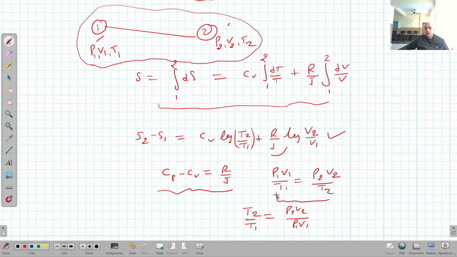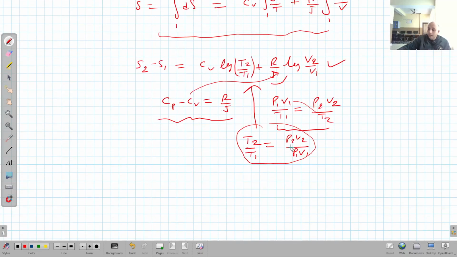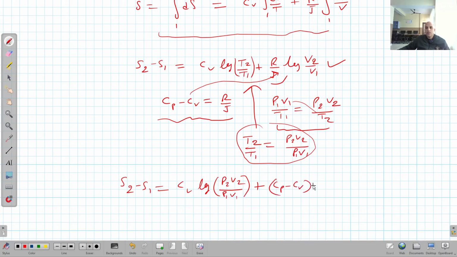I took T2 upon T1 to this side. So now I am going to put these two values, this here and this value here, clear, in this equation. So then I will get S2 minus S1 is equal to Cv log of T2 upon T1, which means P2 V2 upon P1 V1, clear, plus R upon J, which means Cp minus Cv, into log of V2 upon V1, clear.